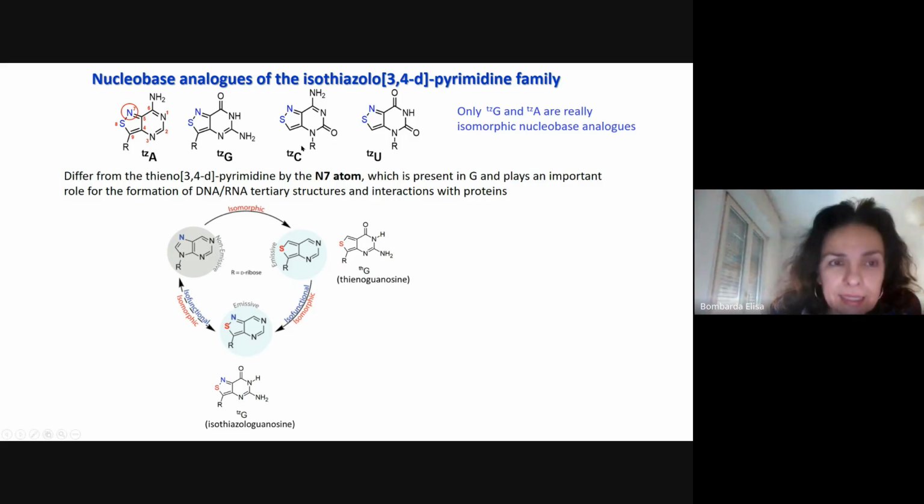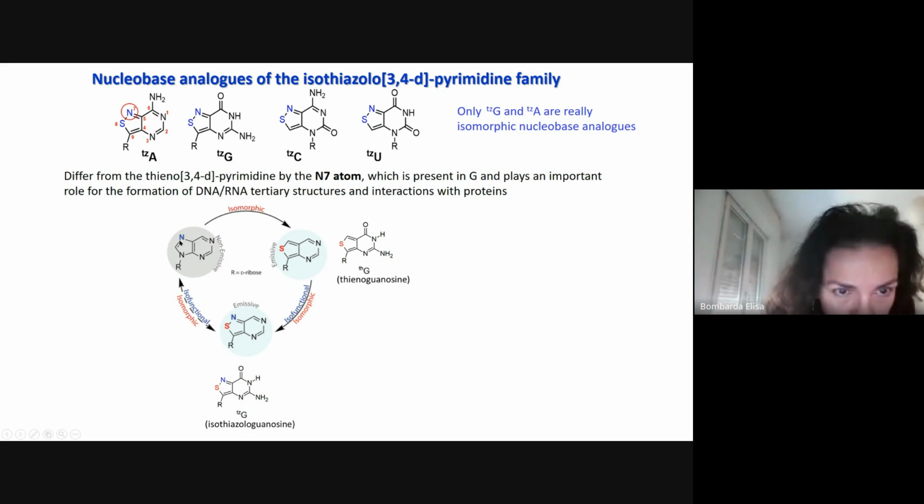And the reason is that in this family of fluorescent nucleotide analogs, the nitrogen in position 7 is maintained, and that is actually the natural base, as you see.